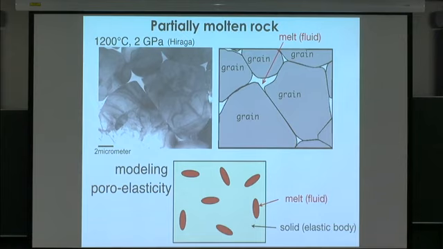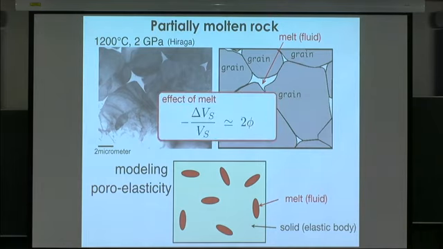Because the result is sensitive to the assumed shape of the inclusions, we have to consider the realistic shape of melt observed in the laboratory. The effect of melt calculated by this theory can be simply stated: the fractional change in shear wave velocity by melt is about twice the melt fraction.